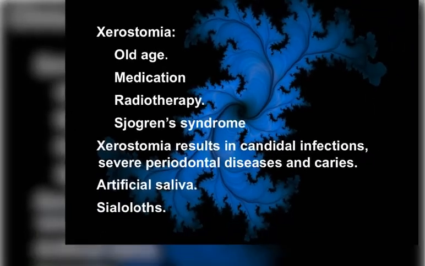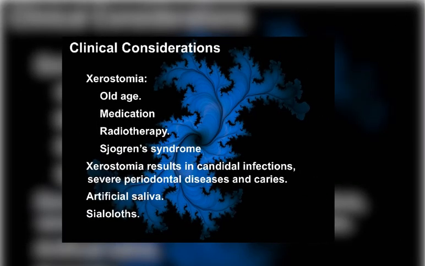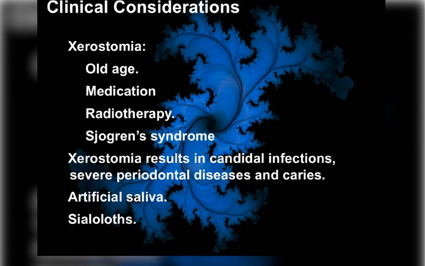Some medications lead, as a side effect, to a decrease in salivary secretions. Radiotherapy in cancer patients, when they use radiotherapy in the head and neck region, will lead to irreversible damage of salivary glands and lead to xerostomia.